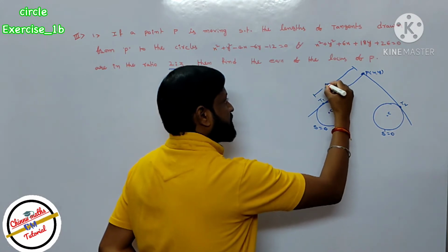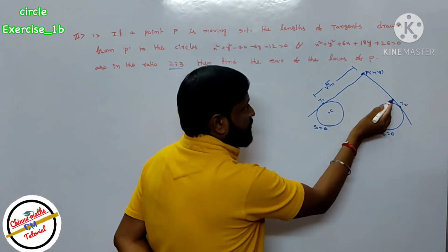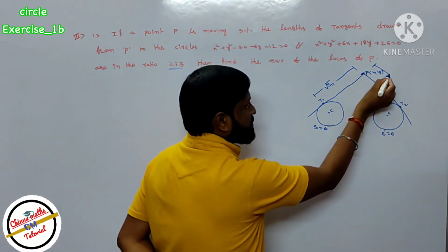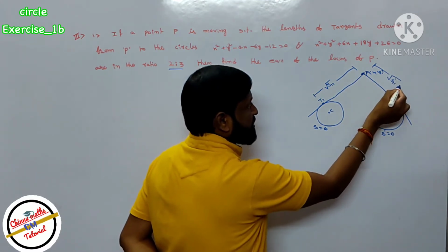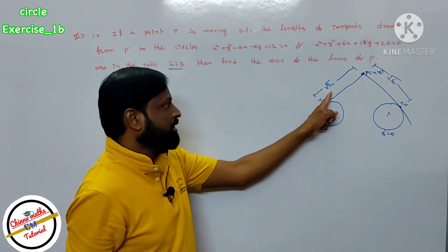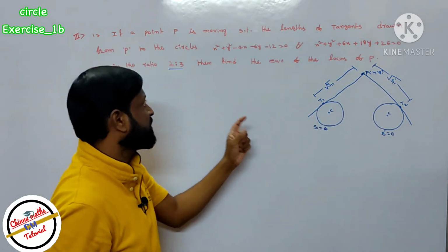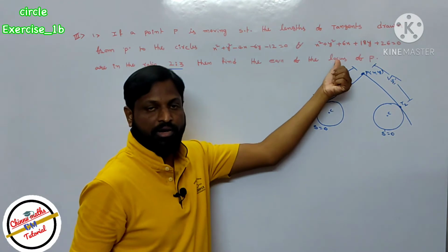So it is denoted by root S11. PT2 is also the length of the tangent with respect to the second circle. So it is denoted by root S11 dash. Given that root S11 to root S11 dash, this ratio is 2:3. By using this condition, you can find the locus of point P.